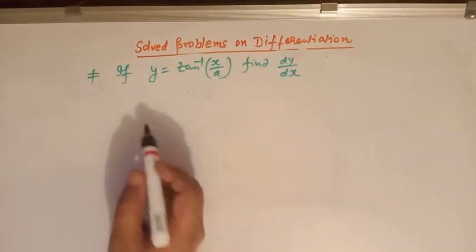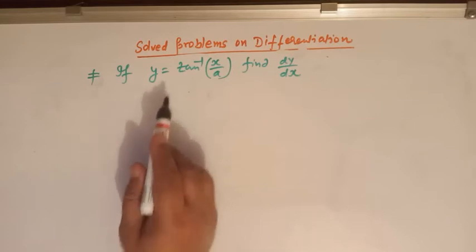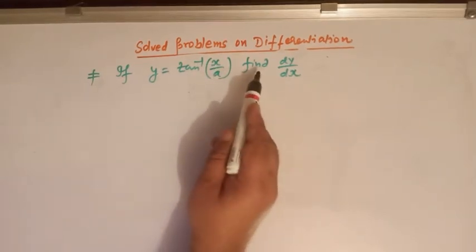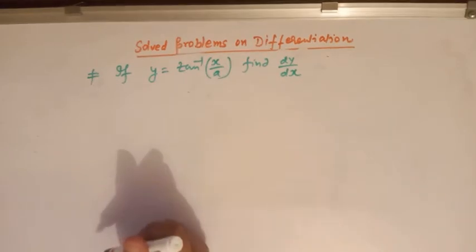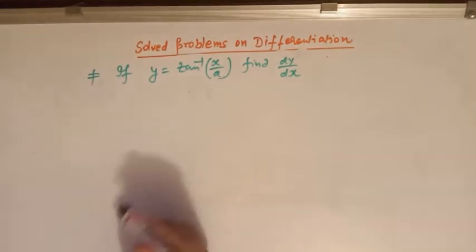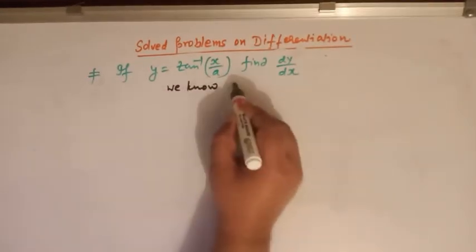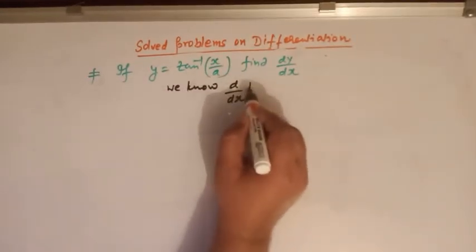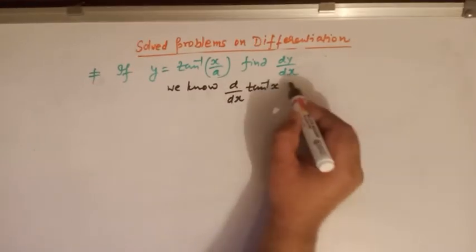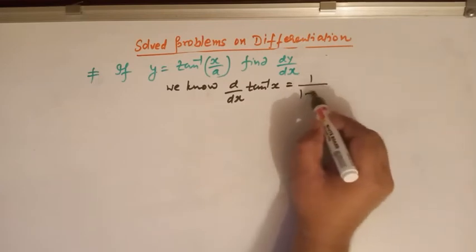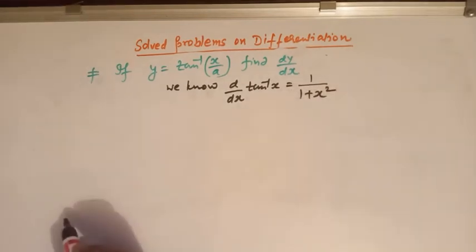So viewers, let us take this problem. If y is equal to tan inverse of x divided by a, we have to find the derivative dy over dx. Now we know the derivative of tan inverse x is given by 1 over 1 plus x square. Clear?